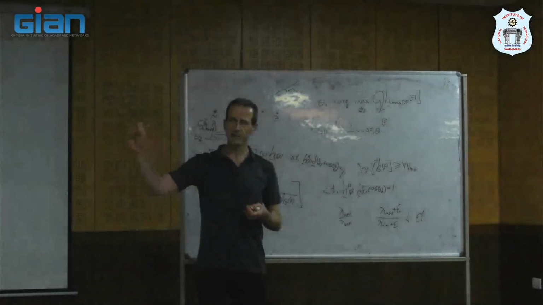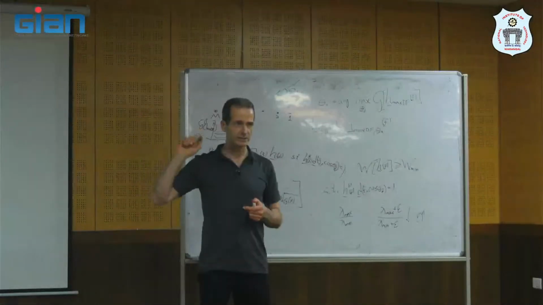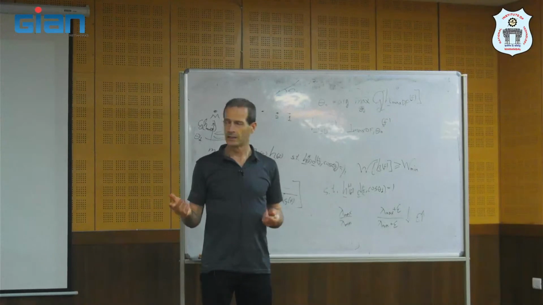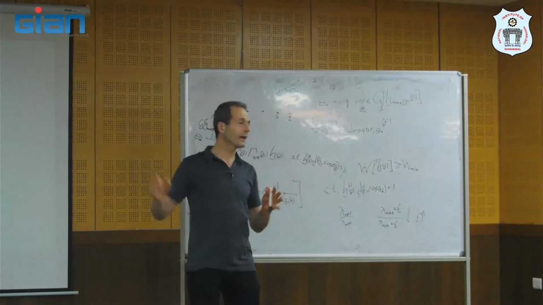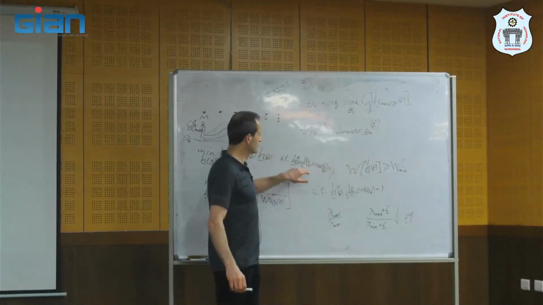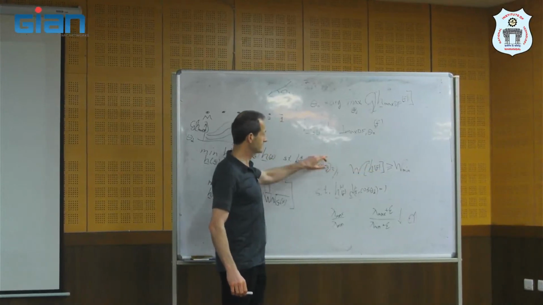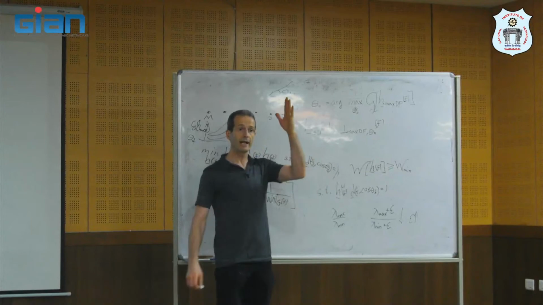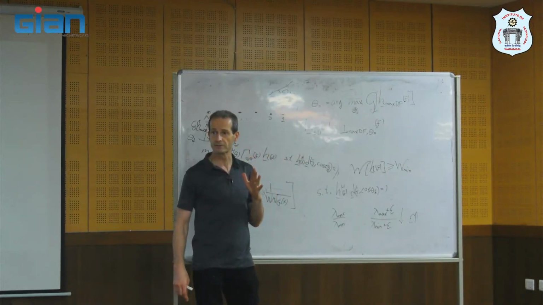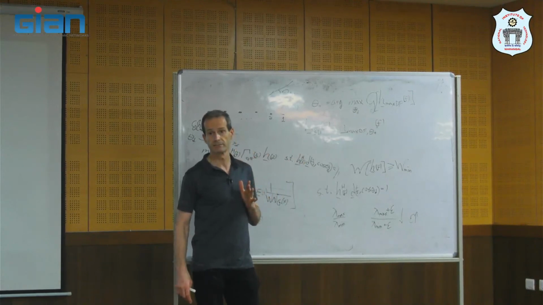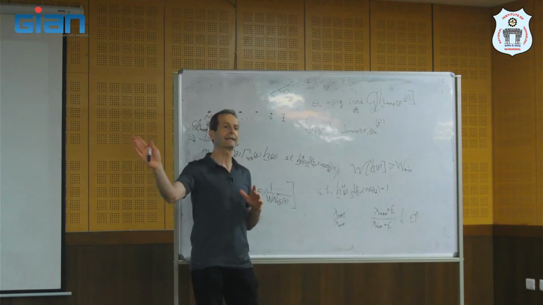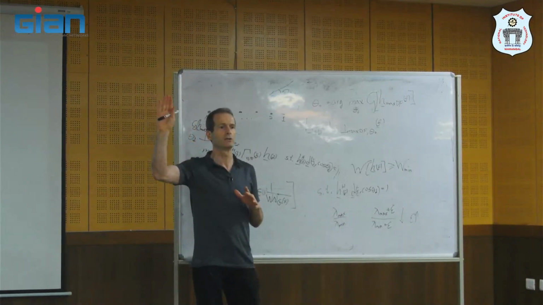If I have an interference from a certain direction, I will not be able to reduce it. So with null steering, I add additional constraints, so that for certain directions I will have zero beam pattern, zero response. Why? Because I either know or can estimate the direction of interference.